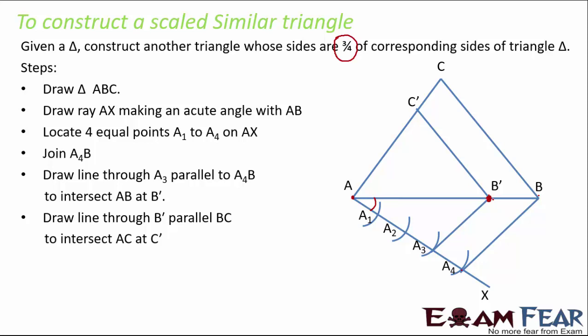Now, if you draw a line parallel to BC, that would actually mean that your AC dash is also 3/4 of AC. Correct. And meanwhile, when your AC dash becomes 3/4 of AC, AB dash becomes 3/4 of AB. So automatically B dash C dash also becomes 3/4 of BC. So this is how we draw a similar triangle.